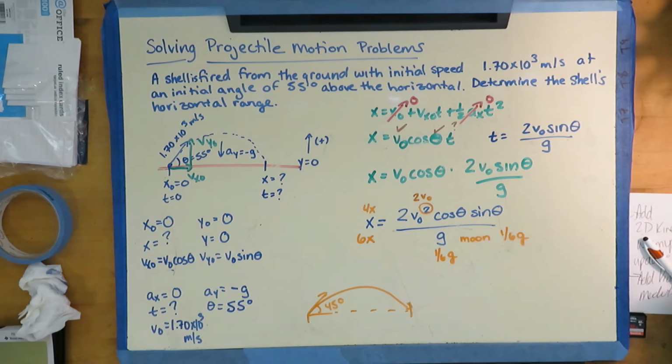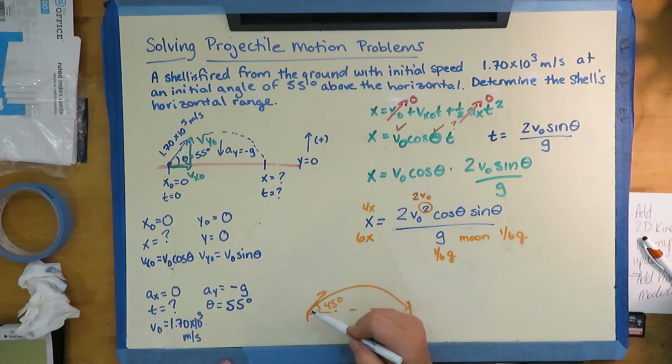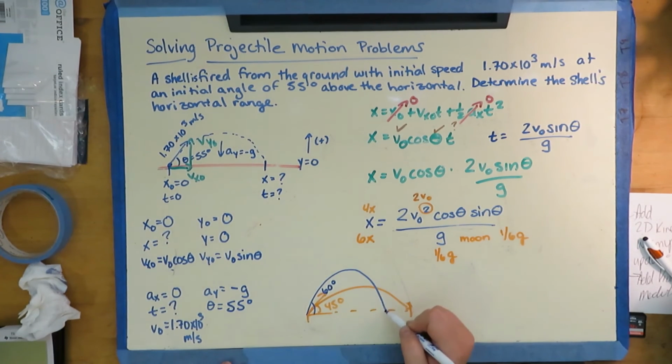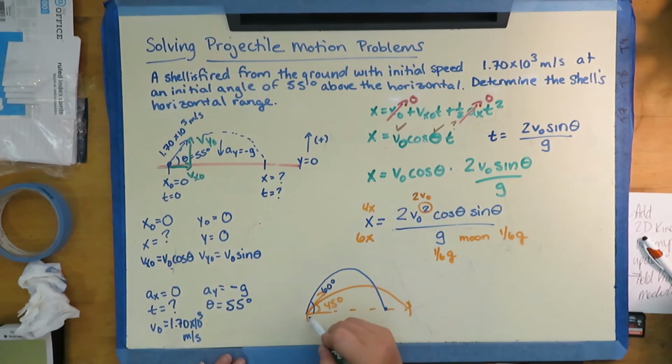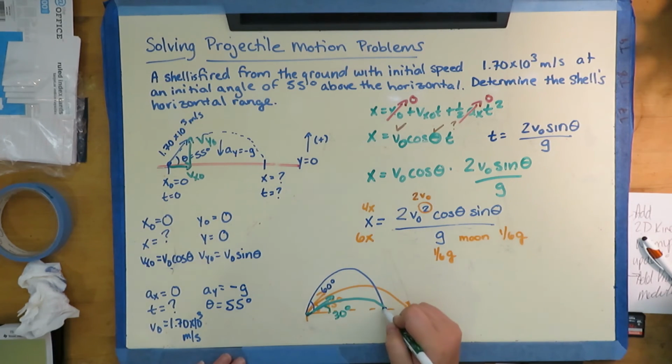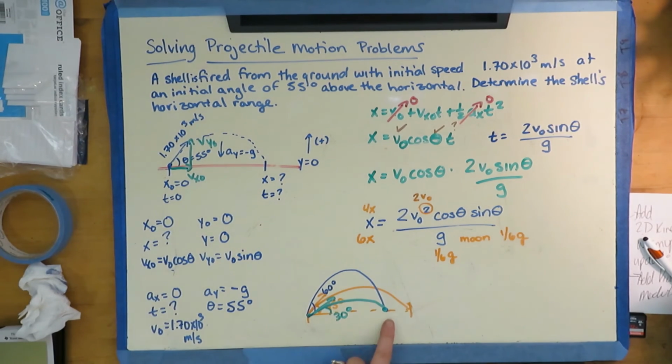And what's really cool is if I go equal degrees on either side, I may not go as far. If I go 60 degrees, I might not reach as far of a distance. I'll spend a lot more time in the air, but I'll hit this point right here. What's really awesome is you could use this equation to prove it: if I had an initial angle of 30 degrees, I'm going to hit the exact same spot as with 60 degrees.